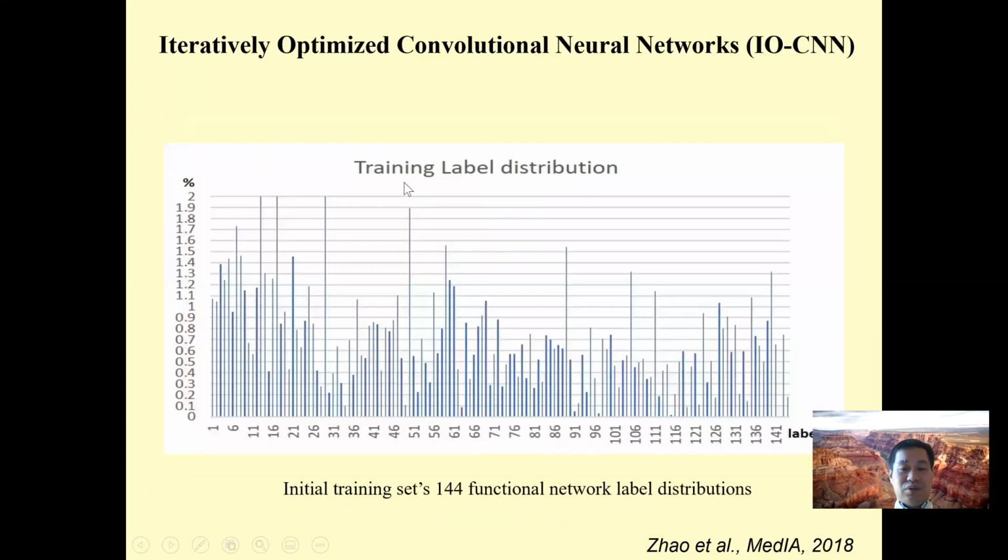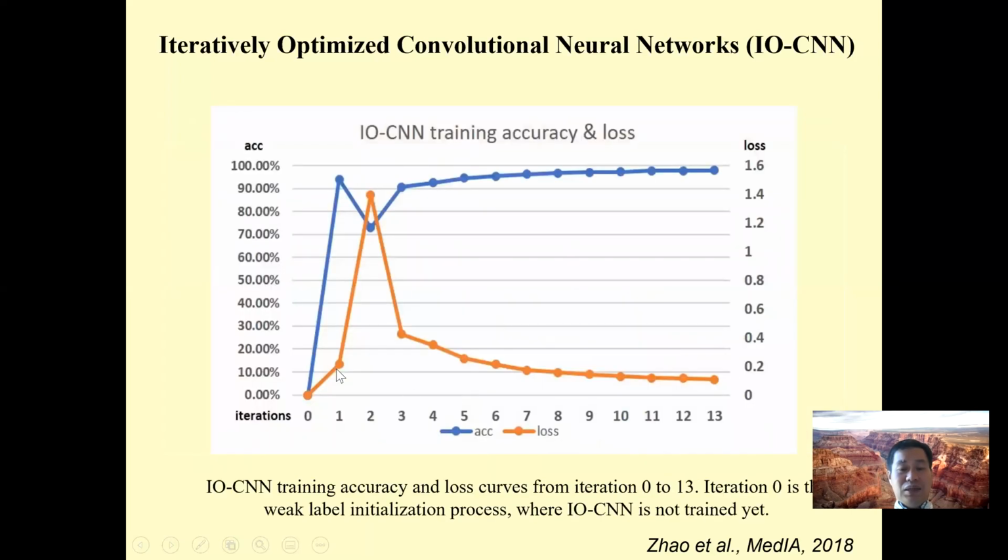If you look at the statistics of training label distribution, we can see these 144 networks are widely distributed. Okay, so this is the percentage of the brain networks labeled by each atlas. And you can see the accuracy of this prediction is going higher and higher through these iterations until it does not change anymore.